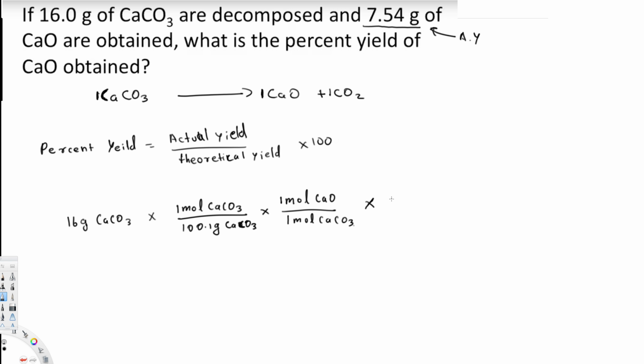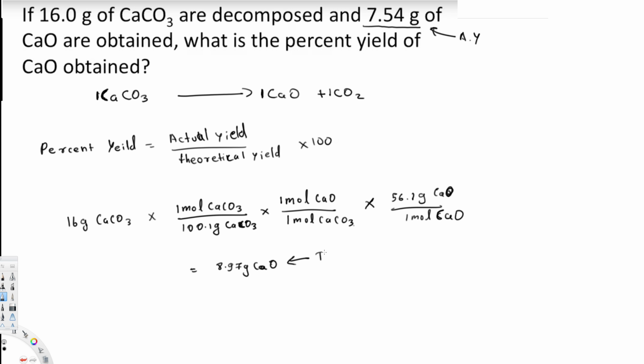Calcium oxide molar mass is 56.1 grams per mole, so it's 56.1 grams of calcium oxide per 1 mole of calcium oxide. And if you calculate this one, you will end up with 8.97 grams of calcium oxide. And this is the theoretical yield.